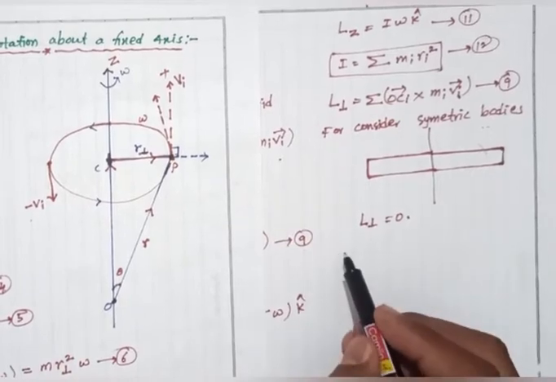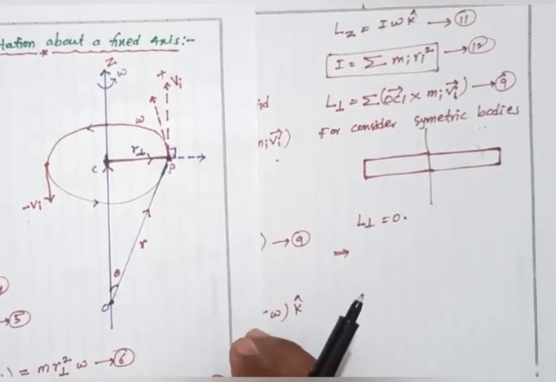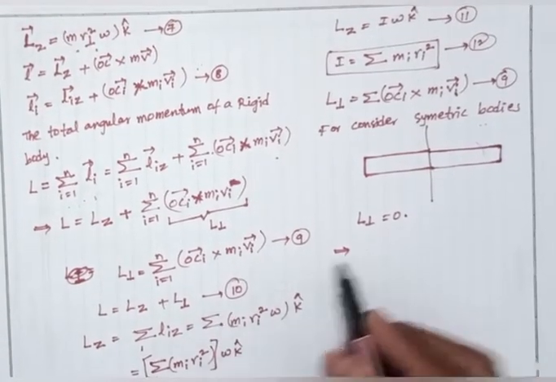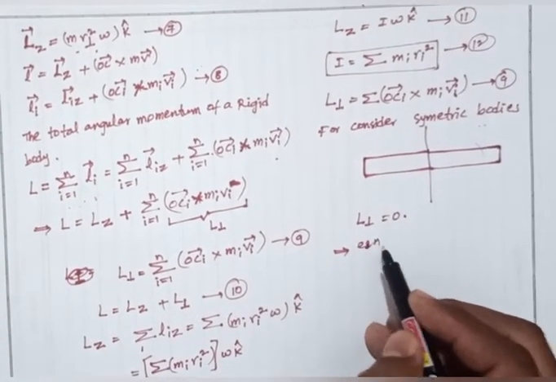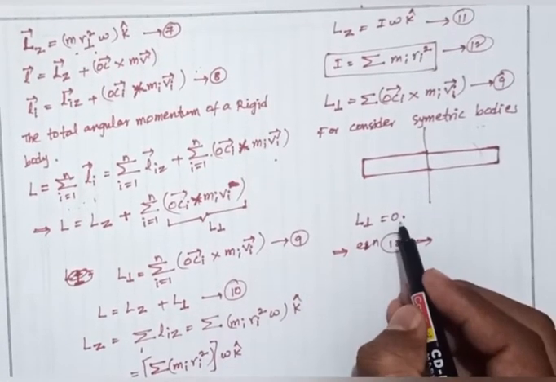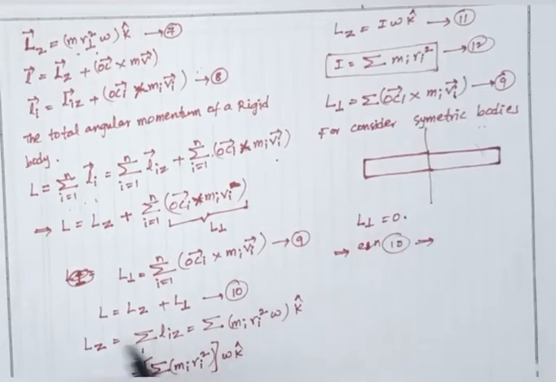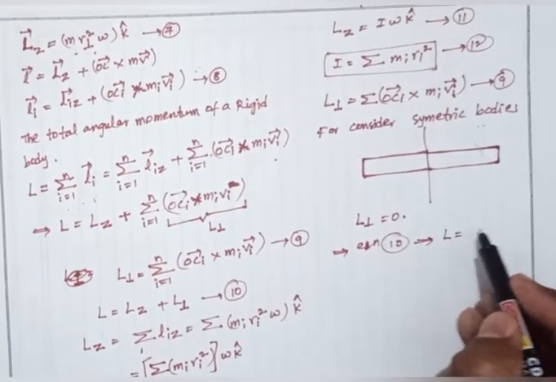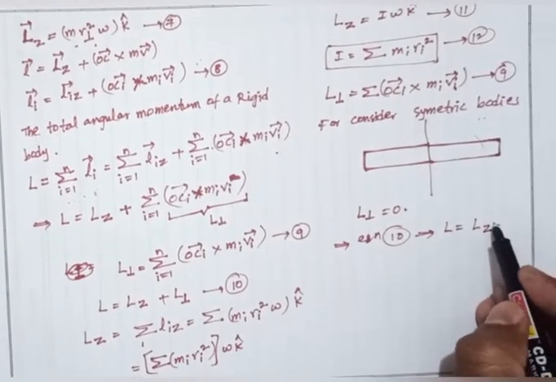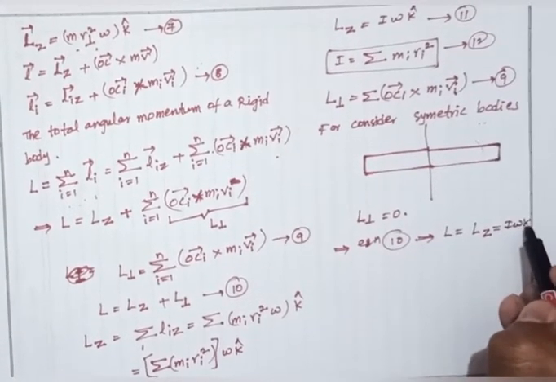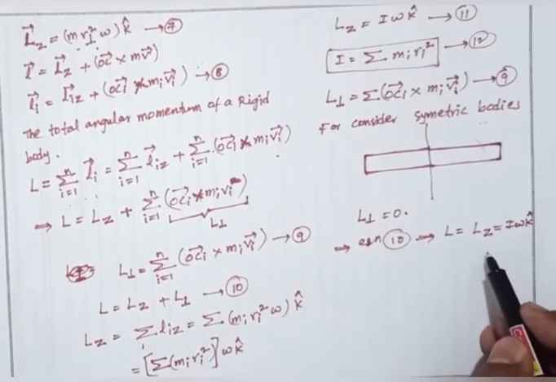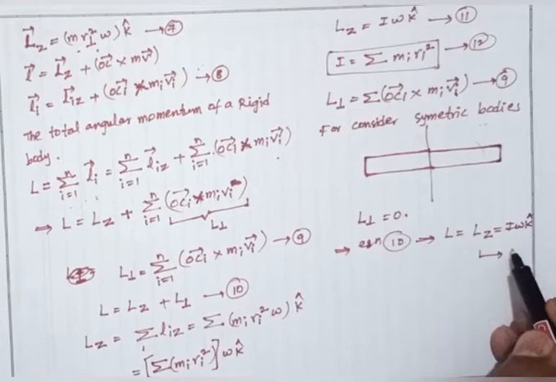For symmetric bodies, equation number 10 becomes L perpendicular equals 0. Then L equals Lz, which equals I omega k cap. This is equation number 13.